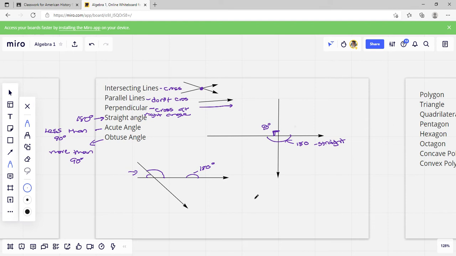A right angle makes a square corner. That is 90 degrees. A straight angle is two 90-degree angles together, and it makes a straight line. An acute angle is less than 90. And an obtuse angle is more than 90. Okay. All right, next slide.